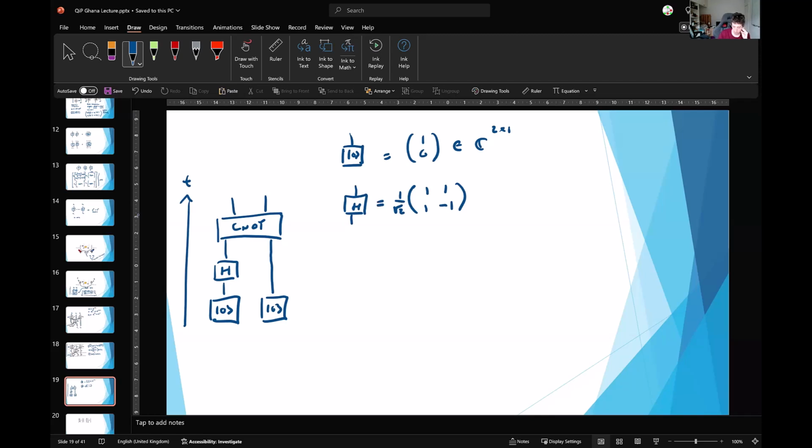It happens to be a unitary matrix in this case, but they don't have to be unitary. And this is a 2 by 2 matrix. A CNOT takes 2 qubits in and gives 2 qubits out, and so you can represent it as a 4 by 4 matrix. And for the CNOT specifically, the matrix is in this form.